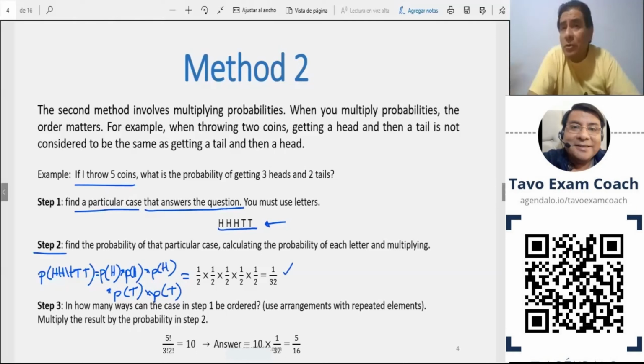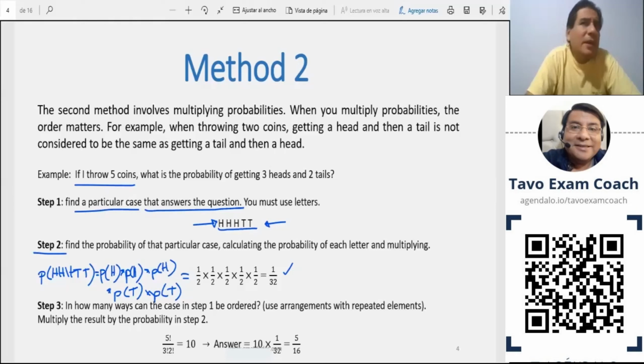But now, in order to assess the probability of getting 3 heads and 2 tails in any given order, not just this order, but any possible arrangements, we're going to work based on the same principle of addition that we used before in counting methods. Here is the thing. If I am counting the probability of different alternative results for an event, then what I should do is to add the probabilities of those different cases.